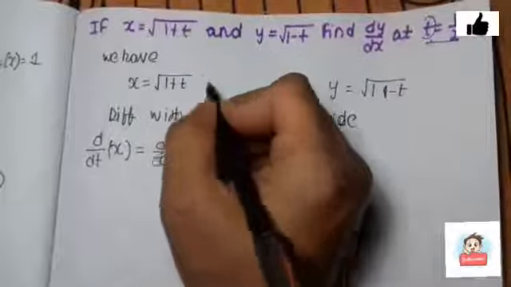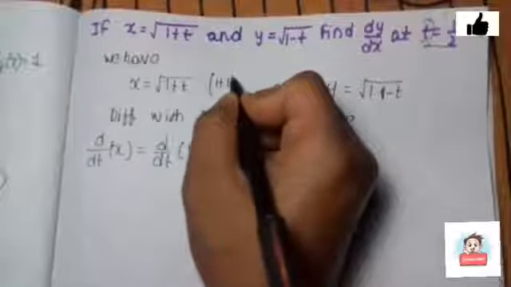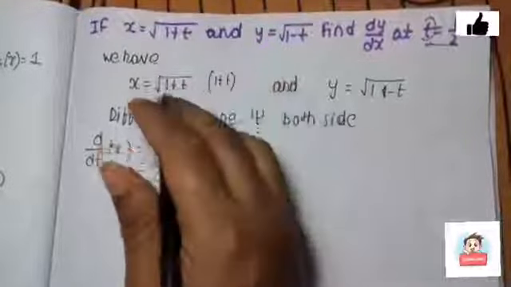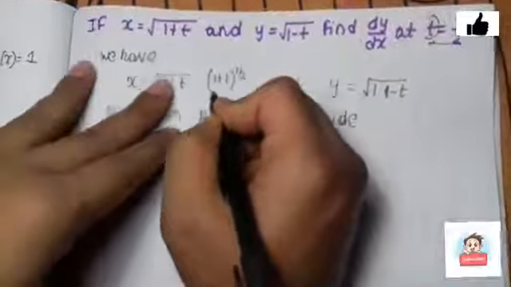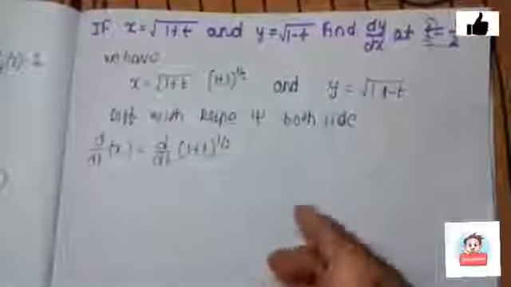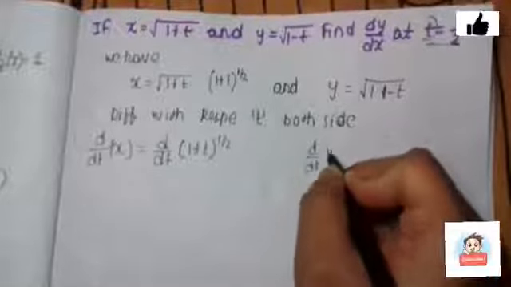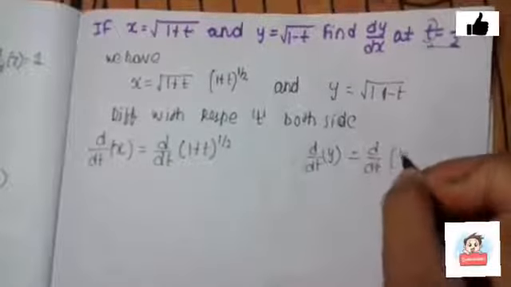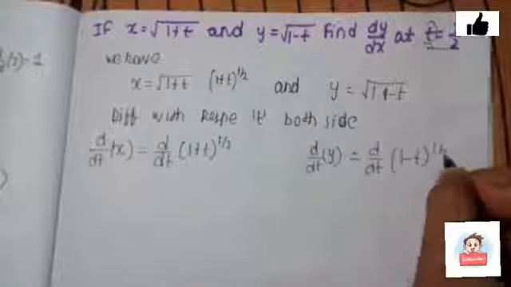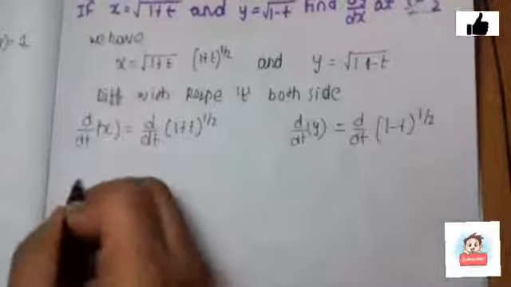I'm just showing how this has come: 1 plus t, as the root will move, the value comes to 1 plus t to the half. So in y it will be d by dt y equals to d by dt of 1 minus t to the half. Understood? So we move to our next step.